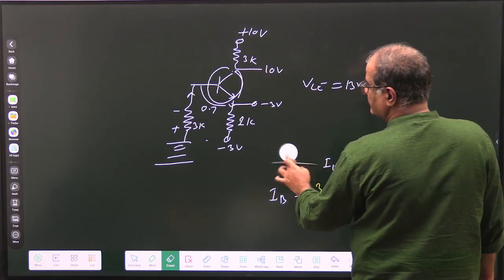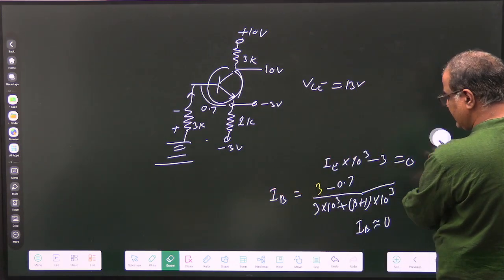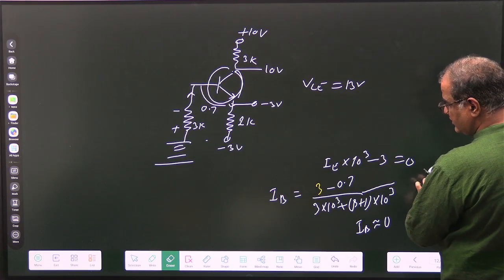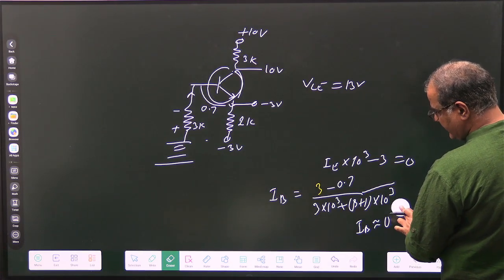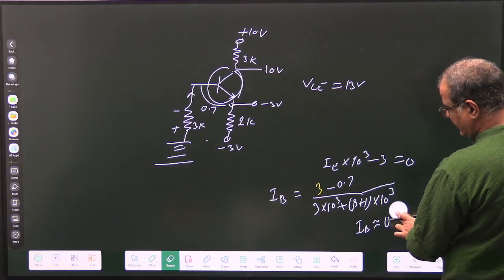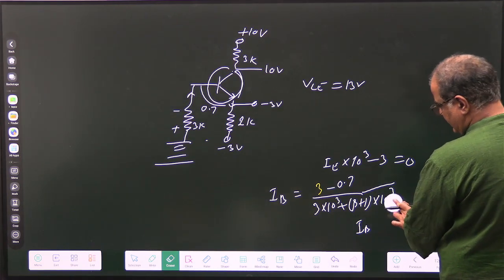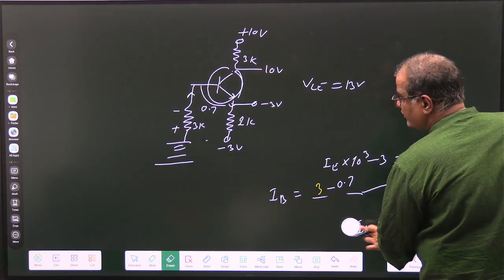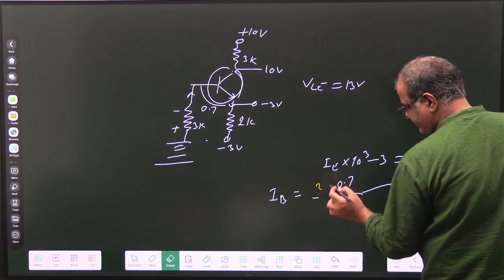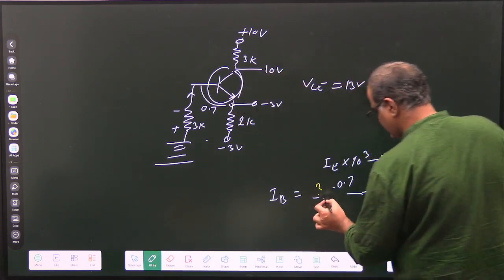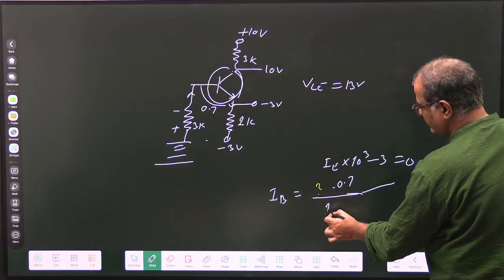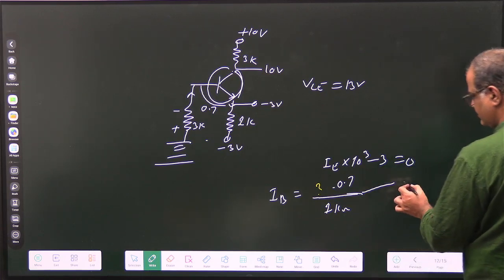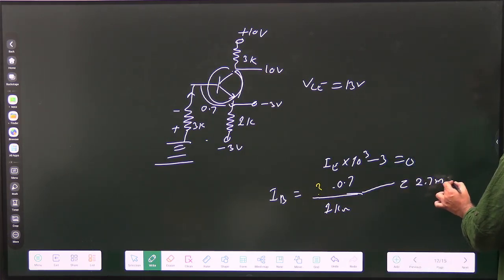Okay, so tell me now what will be the IE value? IE value is 3 minus 0.7 over IE into RE, 1 kilo ohm. So this is 2.3 milliampere.